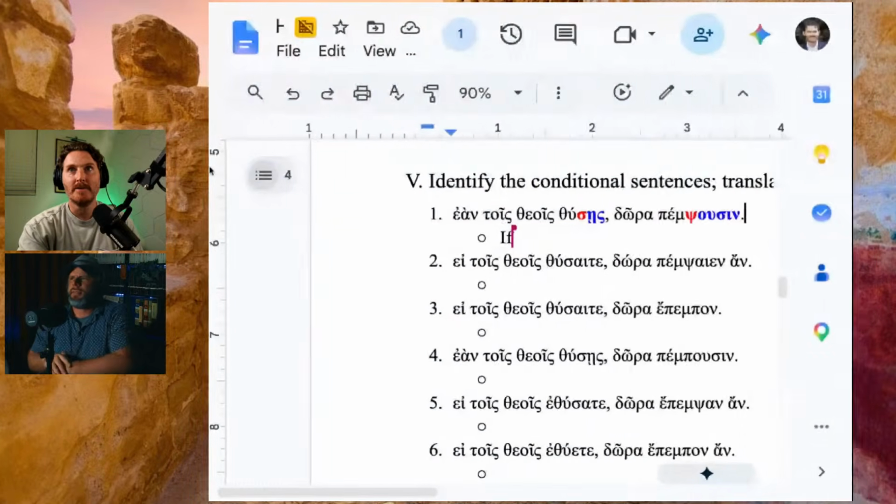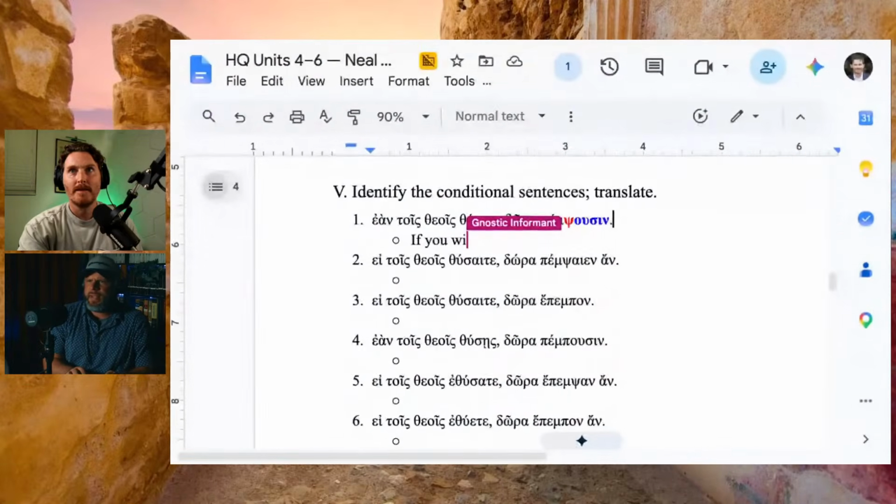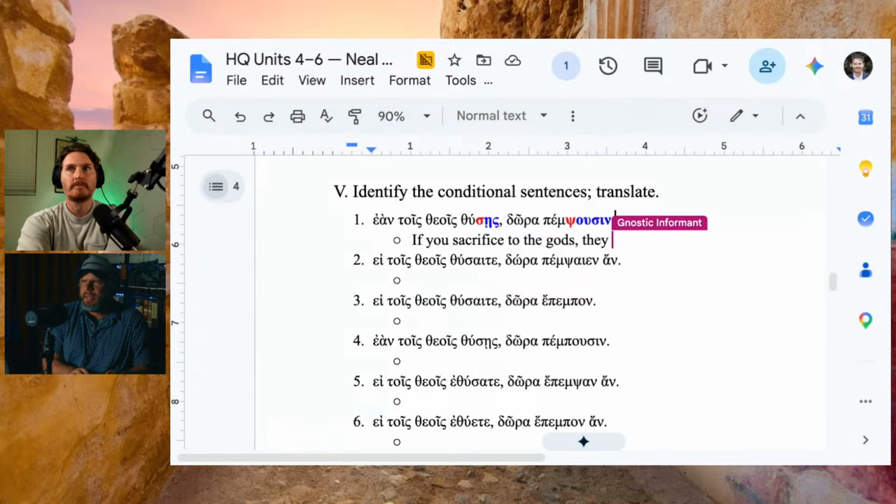Sorry, I'm making everybody dizzy with them. Just trying to get it a good size. Okay, good. Should I write that down? Yes, if you will. You could say will, but it's not necessary. In English, you could just say if you sacrifice to the gods. They send gifts, or they will send gifts, or they shall send gifts.